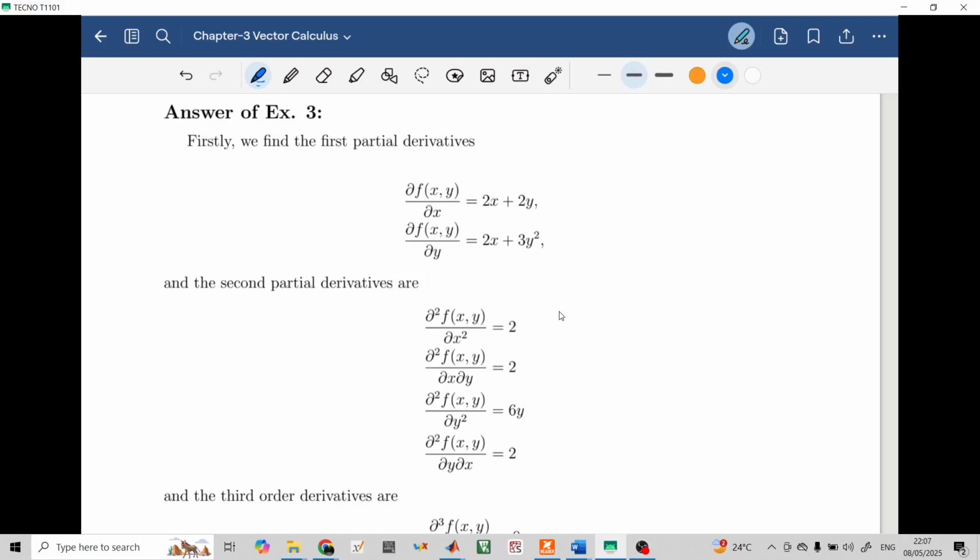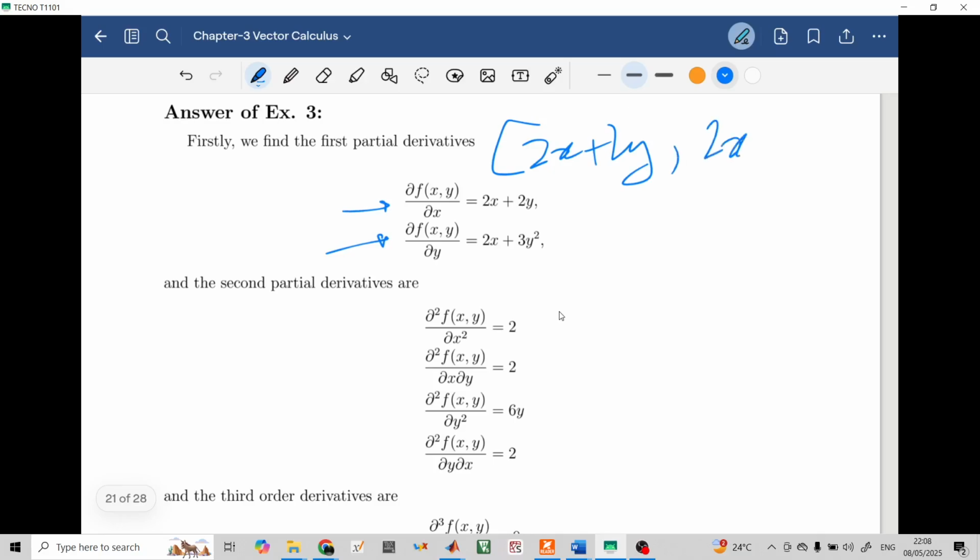Okay, so you take the derivative with respect to x, then with respect to y, and put them as a what? A row vector, right? So we put them like this. So it's 2x plus 2y. Remember, it's a row vector.